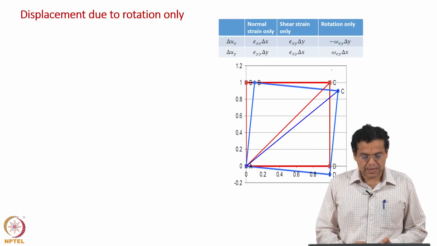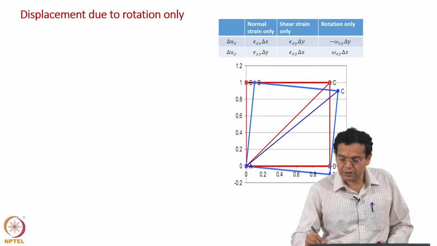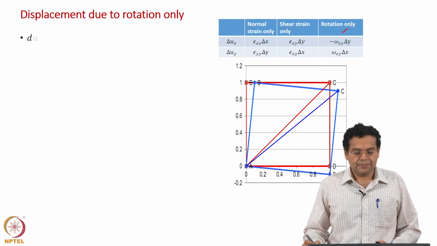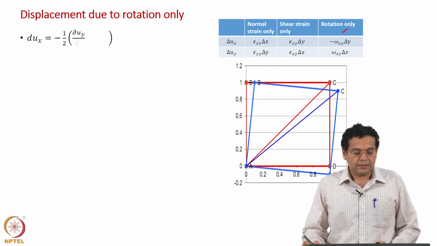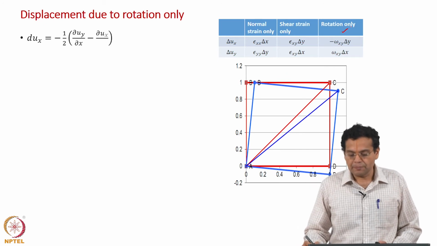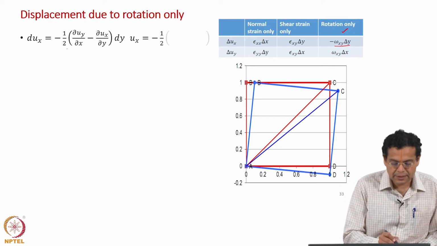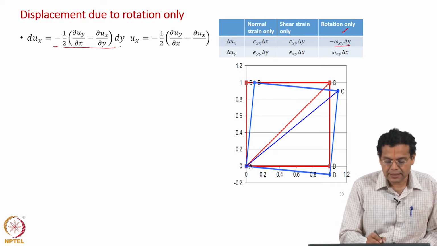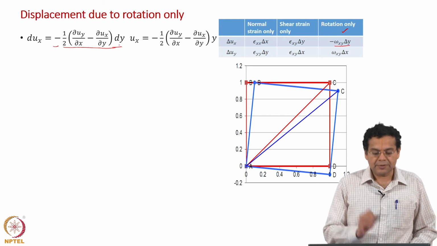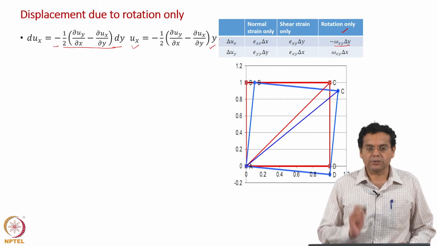Okay, now, last one, displacement due to rotation only. So, we should consider the third column. What is the expression? The difference in displacement is equal to minus omega x y into delta y, that is what is written here. This is omega x y multiplied by minus and delta y or dy. As we have done earlier, left hand side becomes u x, right hand side becomes just y.